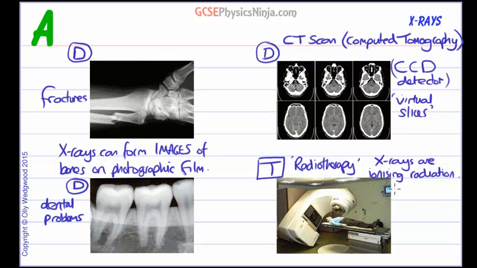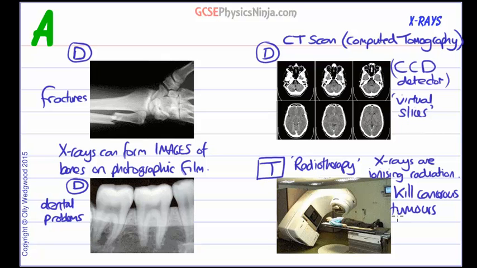In radiotherapy, we can use the ionizing properties to kill cancerous growths or cancerous tumours. So we can kill cancerous tumours which are at or near the body's surface.